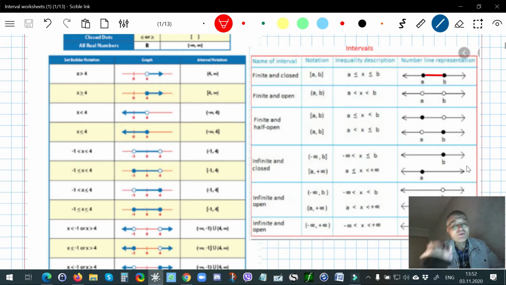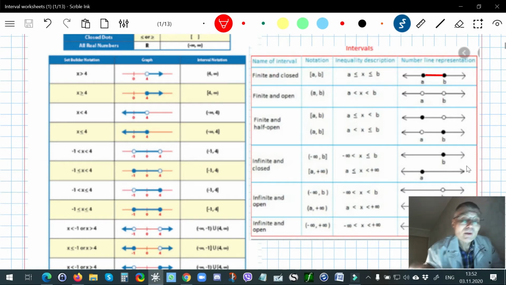This means all numbers on a number line between A and B. But what is the most interesting is the ends, the points at the beginning and at the end of this segment, because those points are just so-called filled circles. And this means that we include the boundaries.